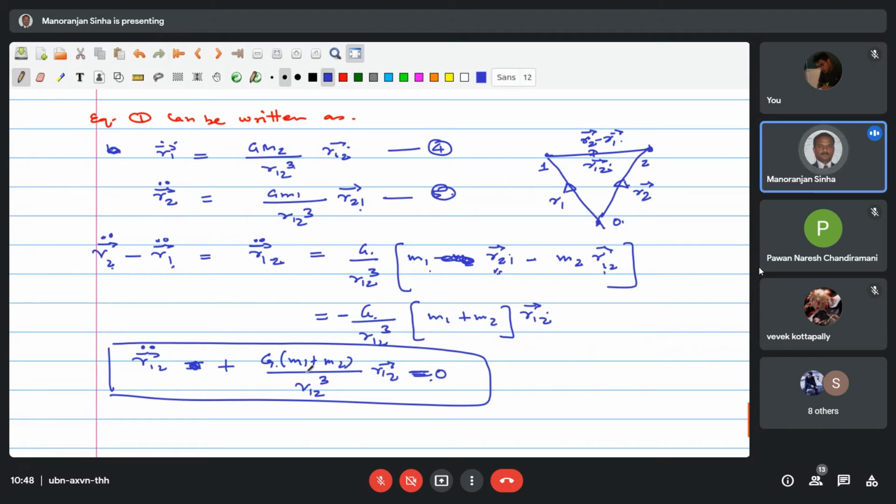Directly we cannot write this, because both the particles 1 and 2 are accelerating. So it's not possible to just subtract R2 minus R1 and then start writing the expression.